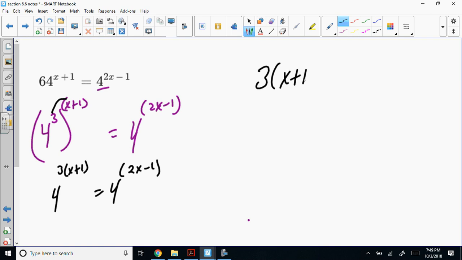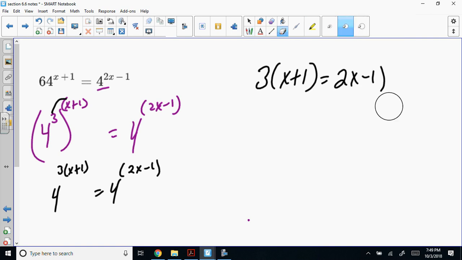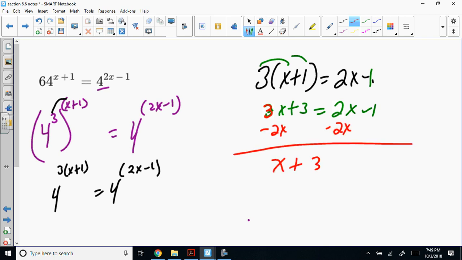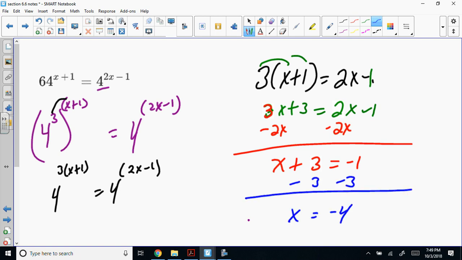Now I can distribute and solve it. X is -4, right?